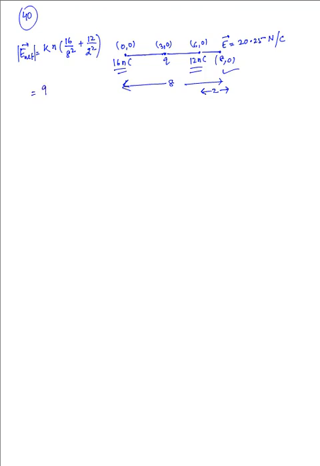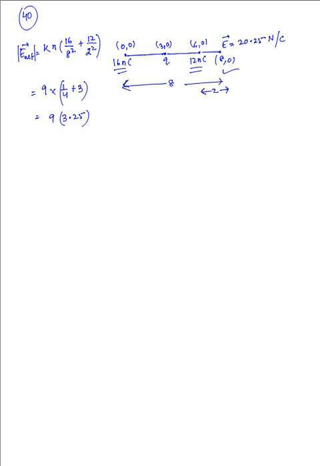So all we are left with is simple number 9, and then we have 16 over 64 is 1 over 4, plus this is 12 over 4 is 3. This is actually 3.25. It's essential to keep it as 0.25, because I have a gut feeling that it will help us.